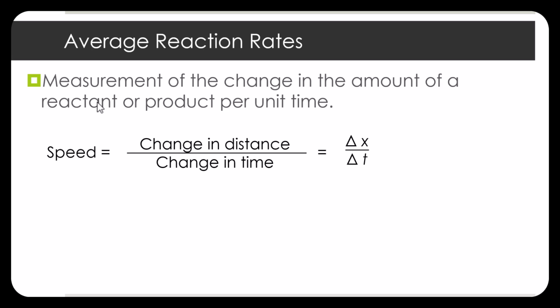So miles traveled over an hour's time, miles per hour, okay? Another one that you might often see is weight gain or weight loss. So how is my weight changing over 3 months, 6 months, a year? So those are just a couple examples of average rates that we talk about without thinking much about it.